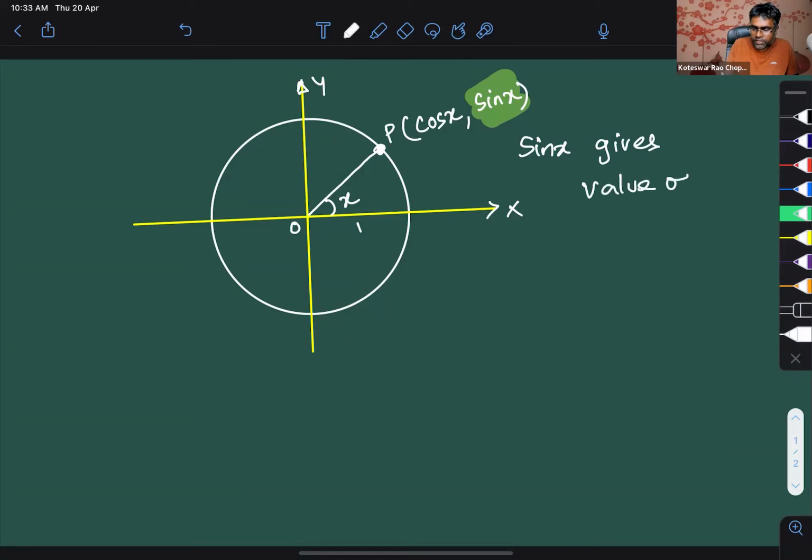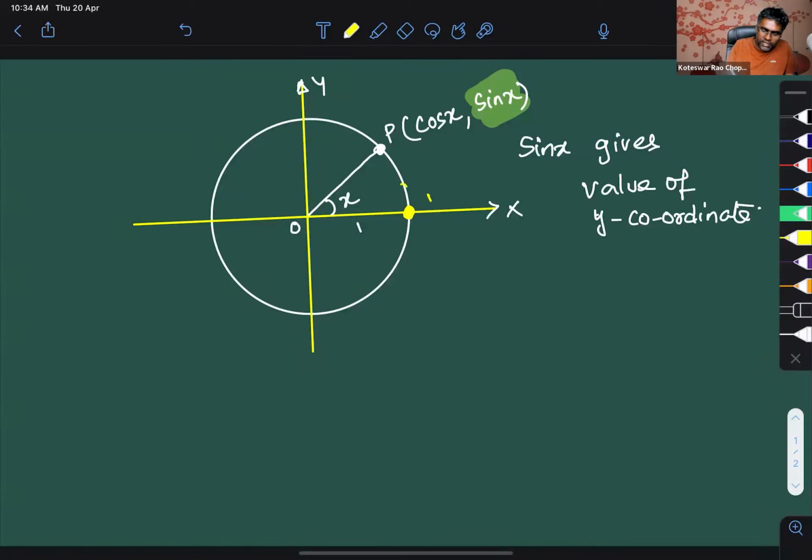This is what you need to understand. Because sine x gives the value of the y coordinate, as this point P goes around the circle, let us start from x being 0. If x is 0, you are here. Understand, Harsha? So now when x is 0, sine x will be 0.